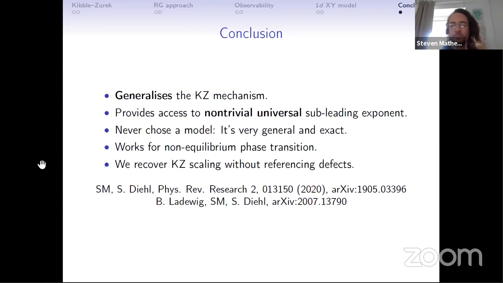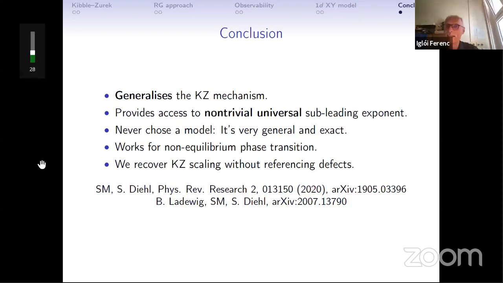May I have a question? Sure. You spoke about irrelevant parameters, but these could be even dangerous. Do you have any idea what is going to happen if this parameter is a dangerously irrelevant variable?